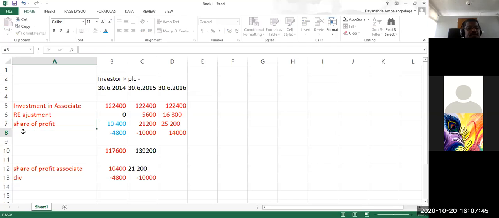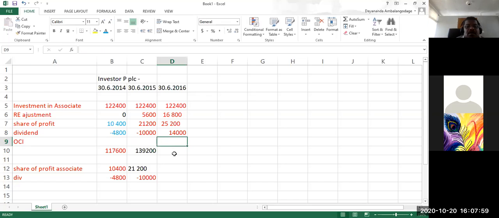This is the dividend adjustment, and this is the OCI story. Anything coming to the OCI, you have to put here. Here the OCI is, I think, 1,680.